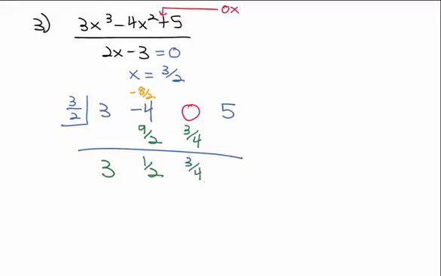That's nice. 3/4 times 3/2 is going to be 9/8. Multiplying across, the 5 is going to be 40/8. So 9 plus 40 is 49 over 8. And again, we drop 1 down from the exponent, so we're x squared, x, and then a remainder, which is going to go over the 2x minus 3.